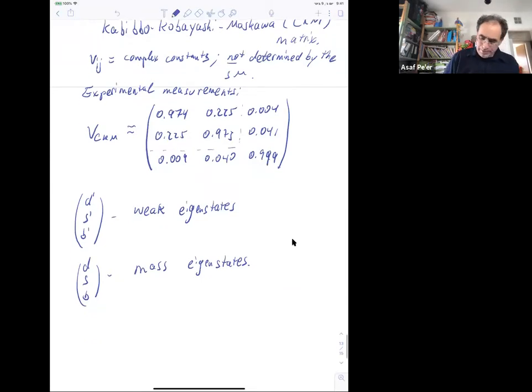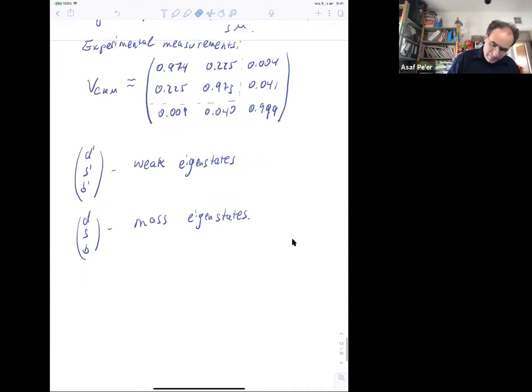The reason why I said that is because I want to introduce to you a nice prediction that was made. It's called the GIM mechanism, which was a historical way of predicting the existence of the charm quark.